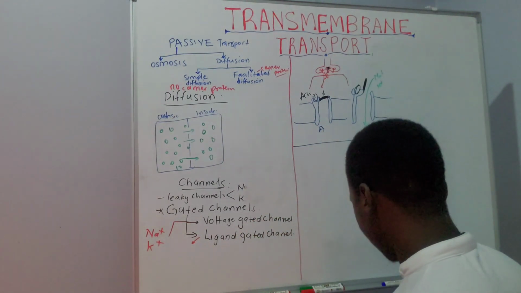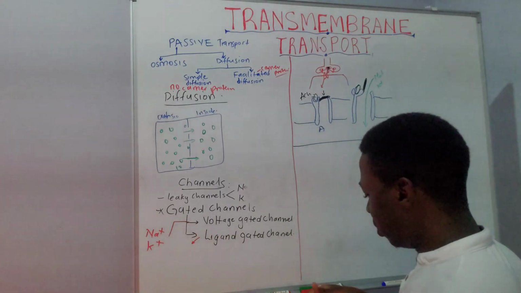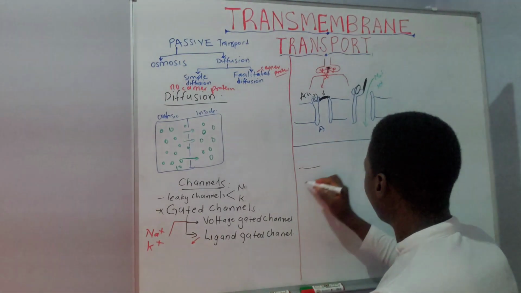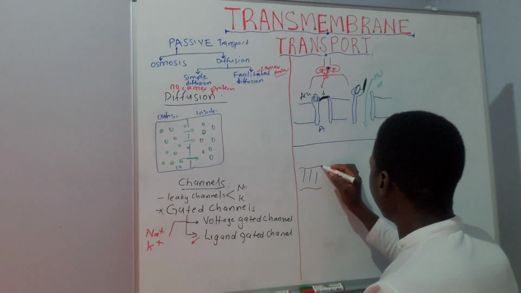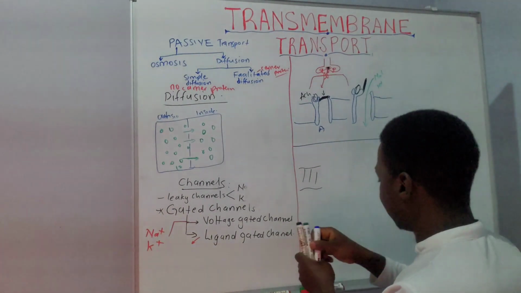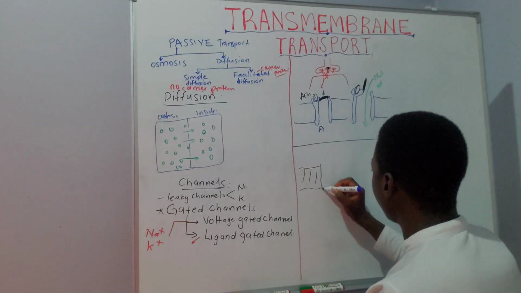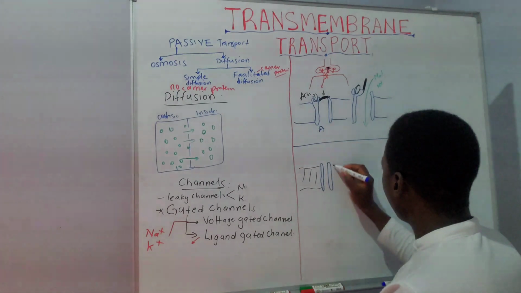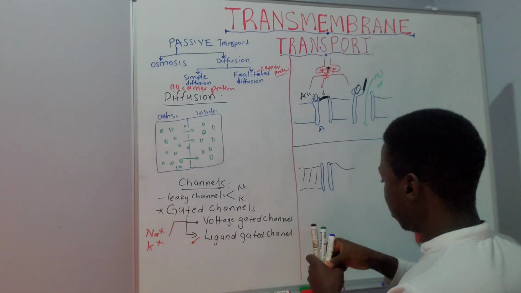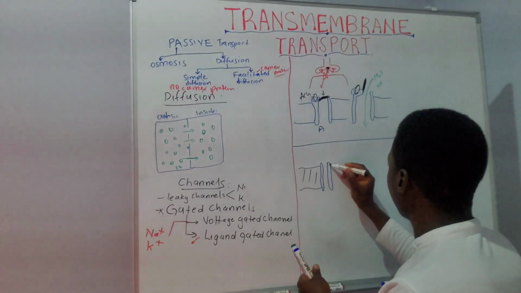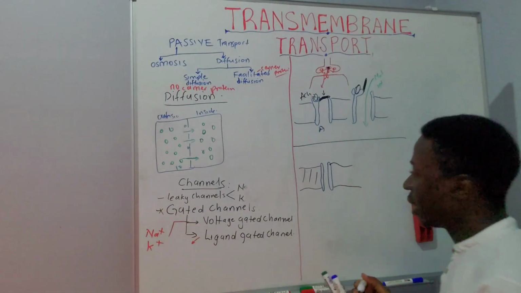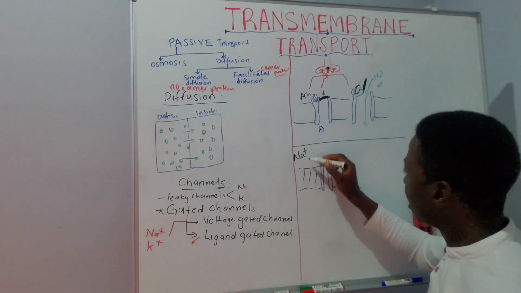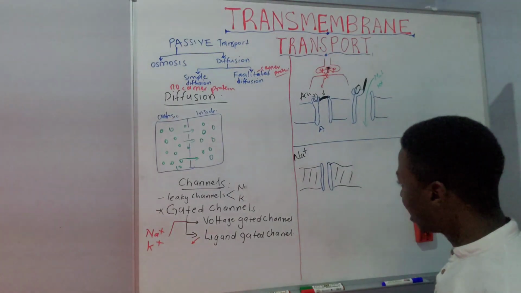The only distinction is that when you look at the voltage gated sodium channels, if this is our cell membrane and then we have our channel here, this is our sodium voltage gated channel.